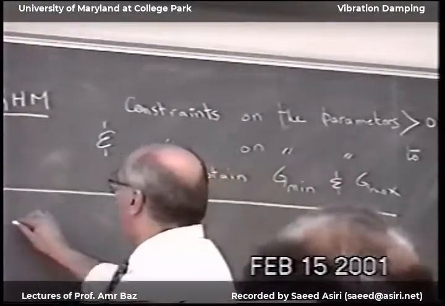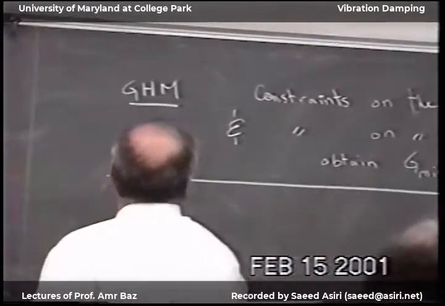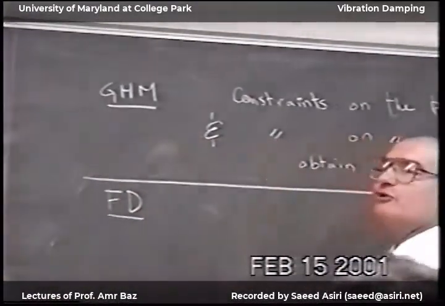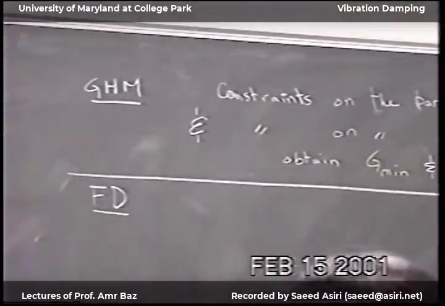In the fractional derivative, we did not impose any constraints because all the parameters are non-physical parameters.